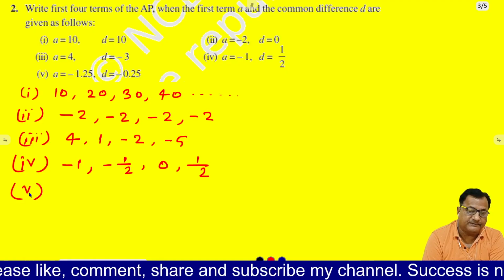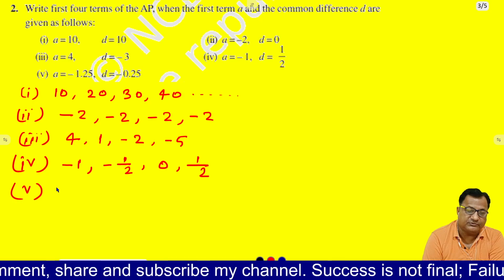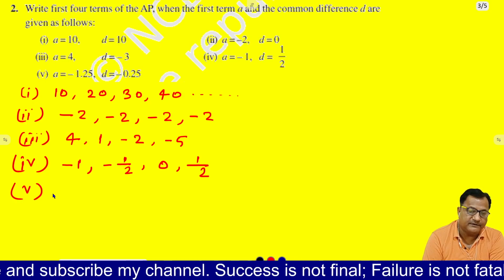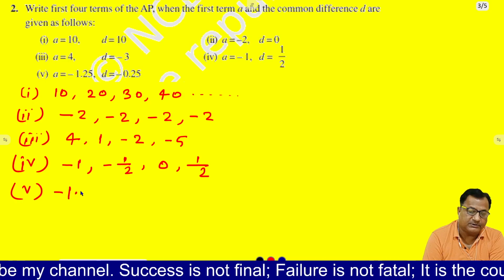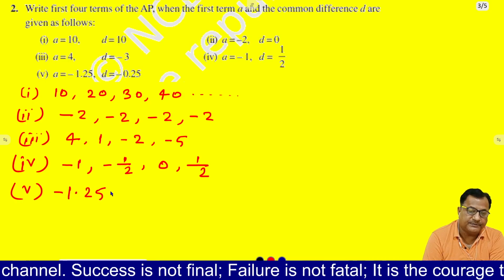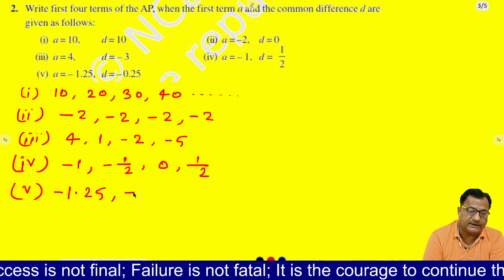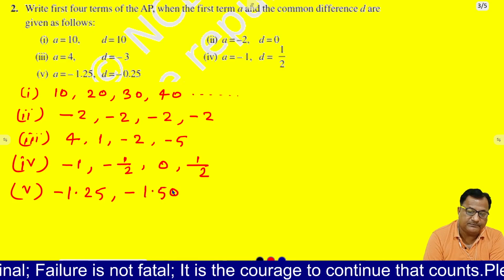Question number 5. A is equal to minus 1.25, D is equal to minus 0.25. The first will be minus 1.25. The second will be, we will add, then minus 1.50.